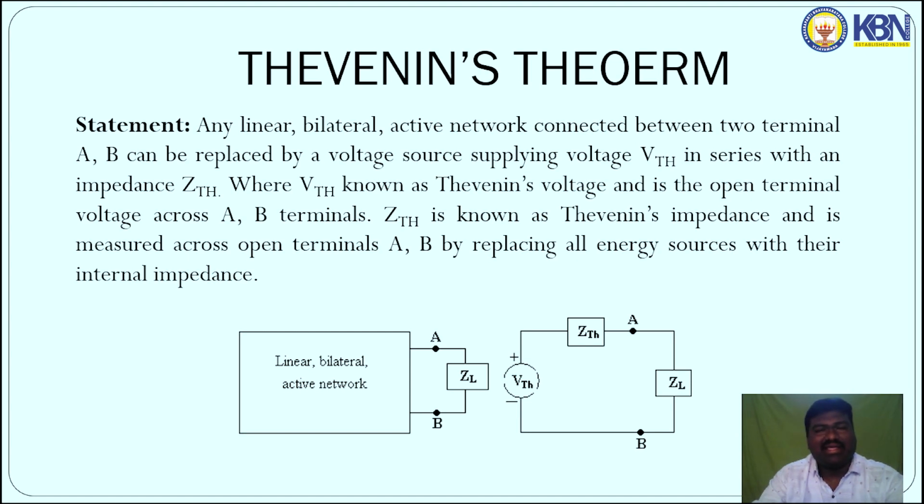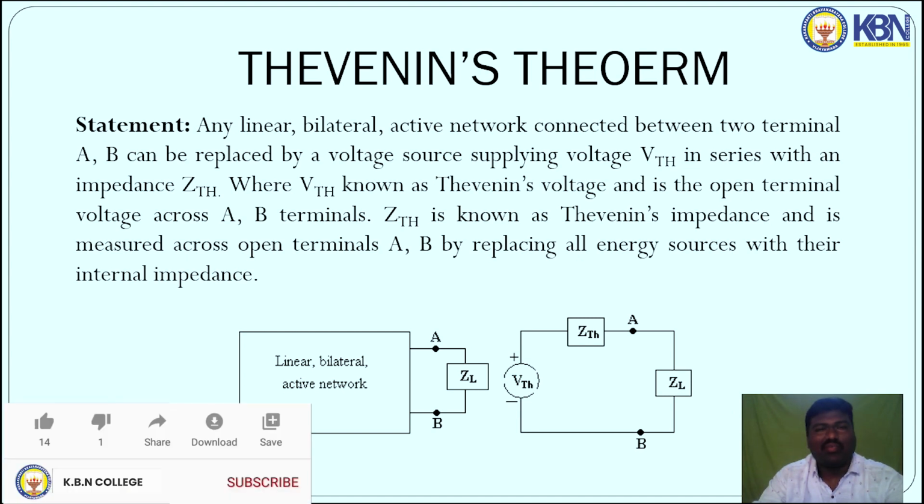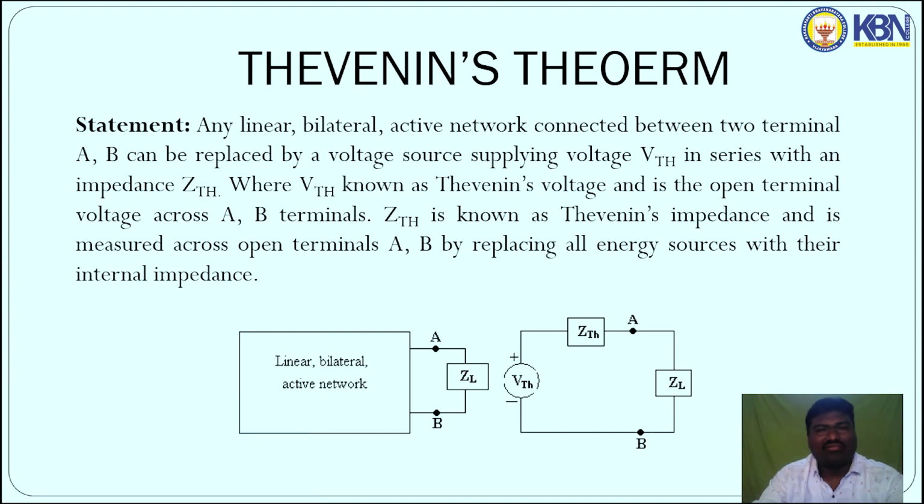Any linear bilateral active network connected between two terminals A and B can be replaced by a voltage source of voltage VTH in series with an impedance ZTH, where VTH is known as the Thevenin voltage and is the open circuit voltage across the A and B terminals.